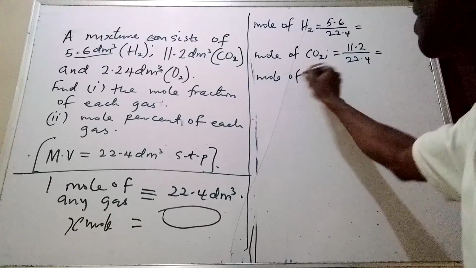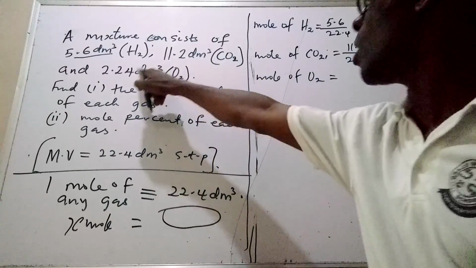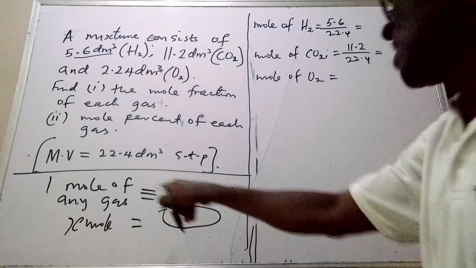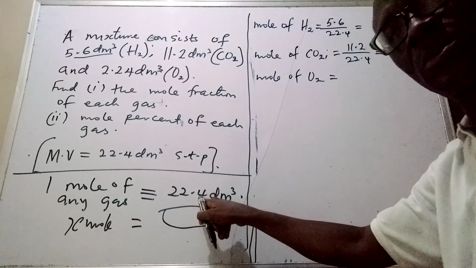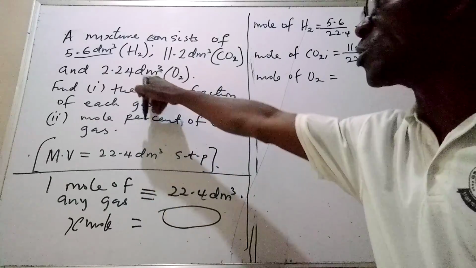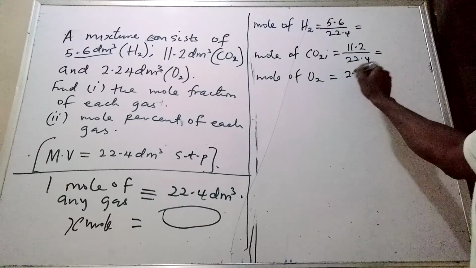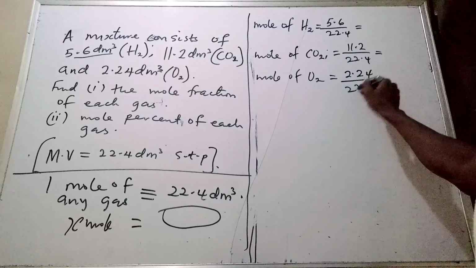Mole of oxygen is also 2.24 dm cube. It's not up to 22.4 dm cube. So if 22.4 dm cube is 1 mole, definitely 2.24 dm cube cannot be up to 1 mole. That will be 2.24 over 22.4.